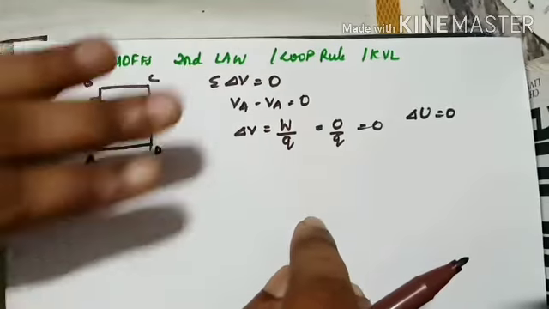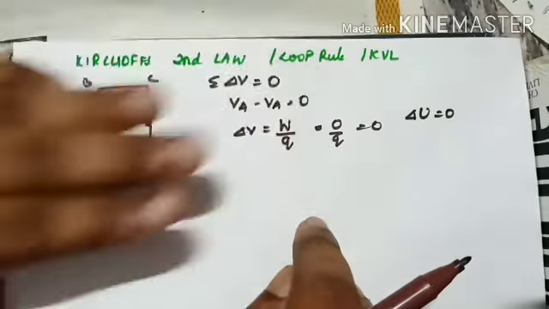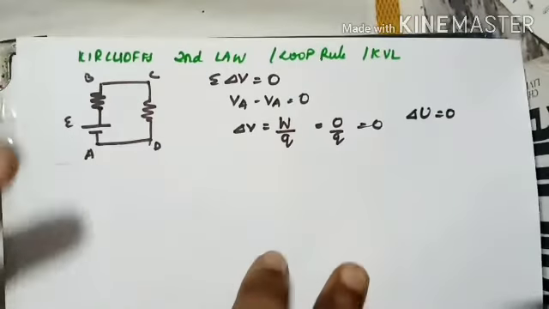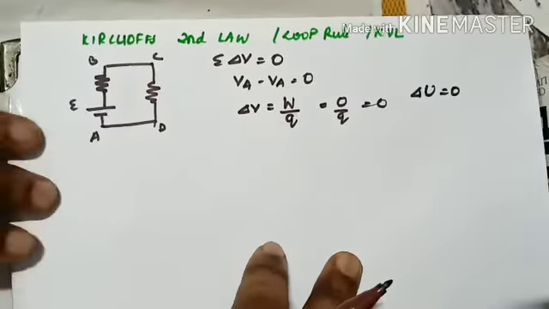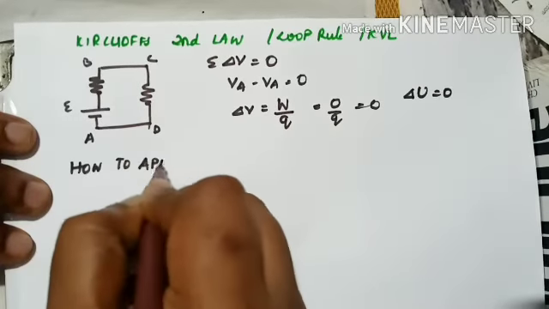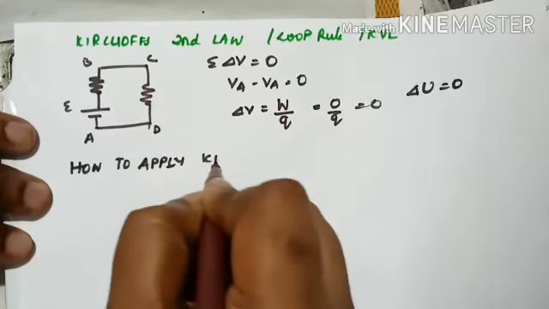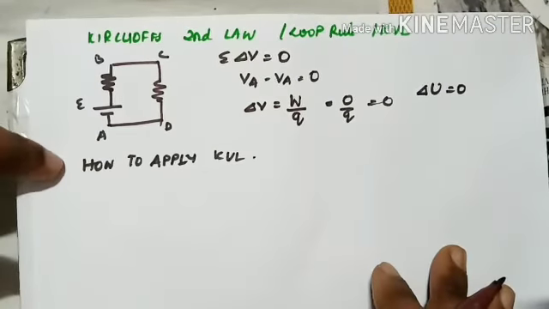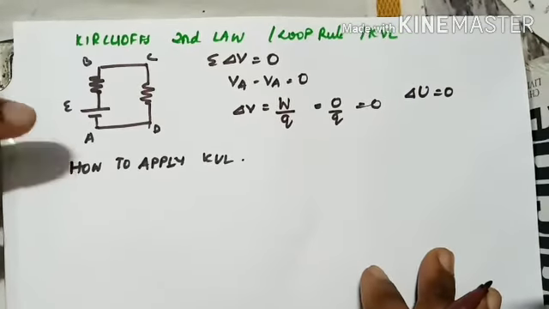Now how we are going to apply Kirchhoff's second law in a circuit has to be learned in detail. So we'll start with a small topic, that is how to apply KVL. Now guys, it is very difficult to see these types of things in your textbook.